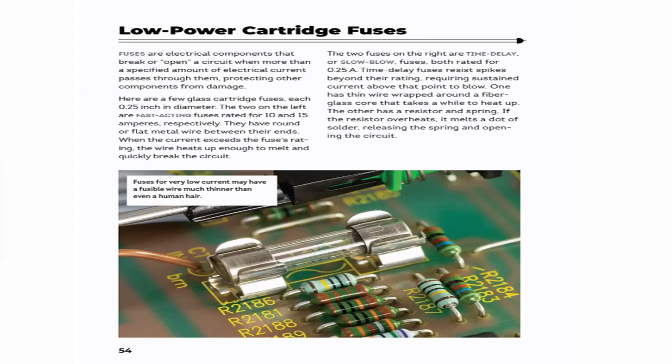The next component is low power cartridge fuses. First, we'll discuss what fuses are. Fuses are electrical components that break or open the circuit when more than a specific amount of current passes through them, protecting the other components of the circuit from damage.